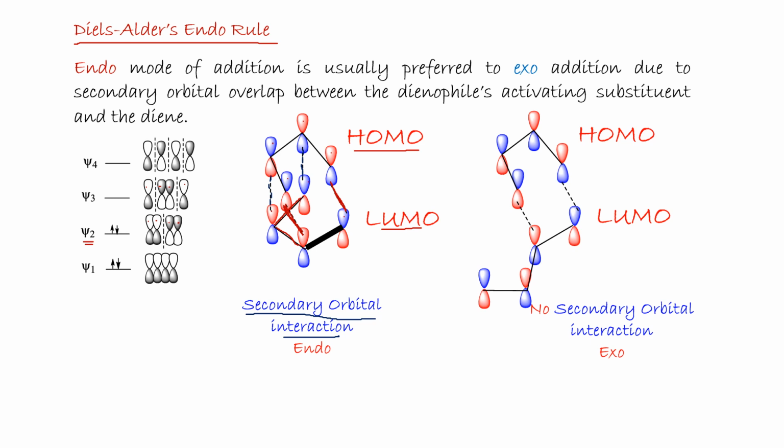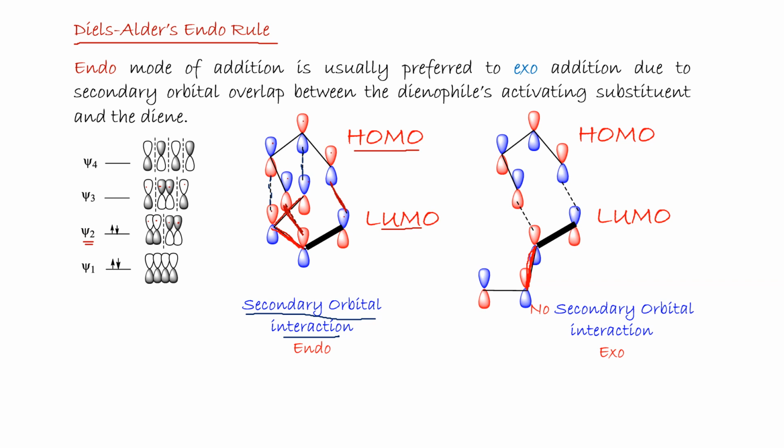We have to notice that this is endo orientation. Now, if we have this group on the dienophile in exo orientation, whereas endo means that it is going inside the bicyclic cloud of the diene, here it is far away, so there is no interaction.